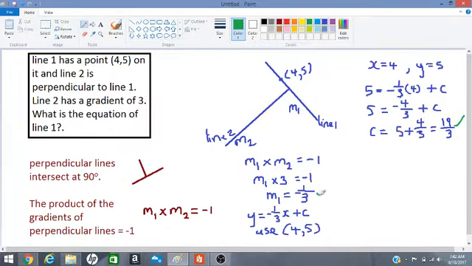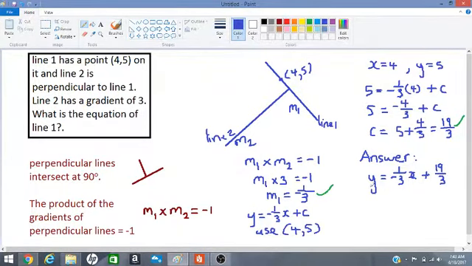We have our value of m, which I ticked off in green. We are ready to write our answer now. The equation of line 1, at y equals mx plus c, with m as negative 1/3 and c as 19 over 3, is y equals -1/3 x plus 19 over 3.